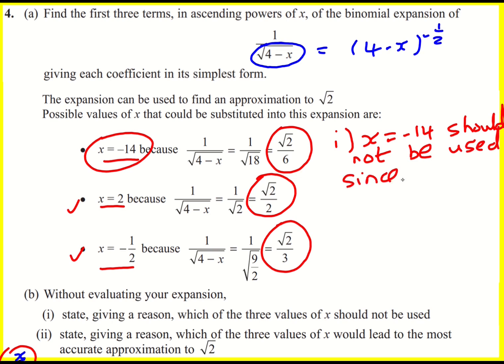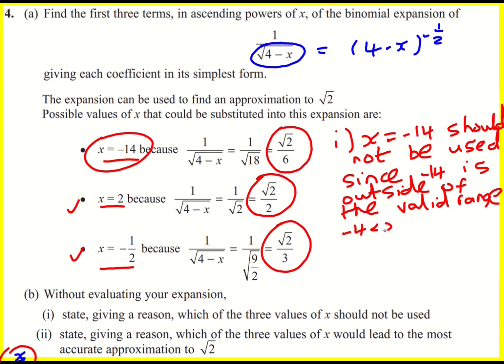I'm just going to say since minus 14 is outside of the valid range. Okay, just some words along those lines.